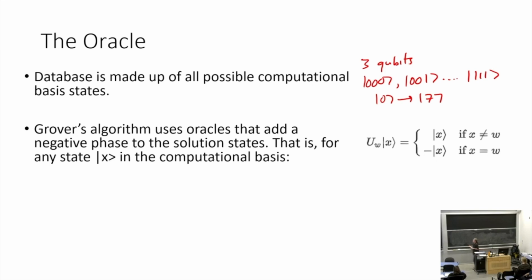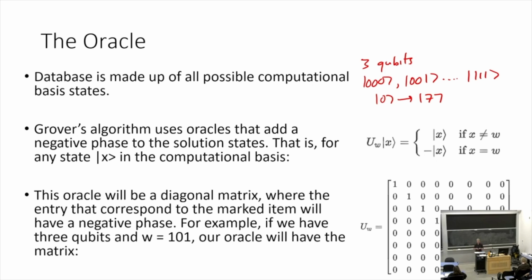Just like we've seen before, if we apply the oracle U to the quantum state X, then X stays X if X is not equal to the winner W, and it becomes minus X if X equals the winner W. And if we wanted to write down an explicit diagonal matrix for what this looks like, we would have this diagonal matrix, where the winner, the 101 state in this example, is the one that would be given the -1 sign. So really simple diagonal matrix.